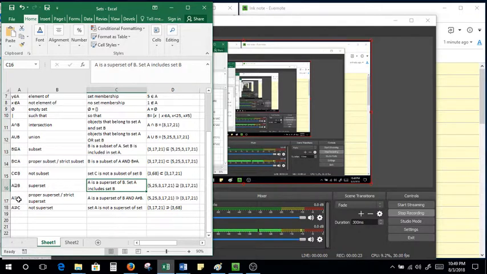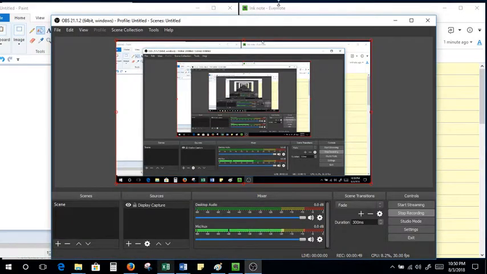We aren't going to look at these, like I said in the last video, because they're the exact same as this, they're just looking at it from the other perspective. So if we say that B is a subset of A, then A is a superset of B. That says the exact same thing. It's like saying Y equals X or X equals Y. So with that being said, let's go to here.